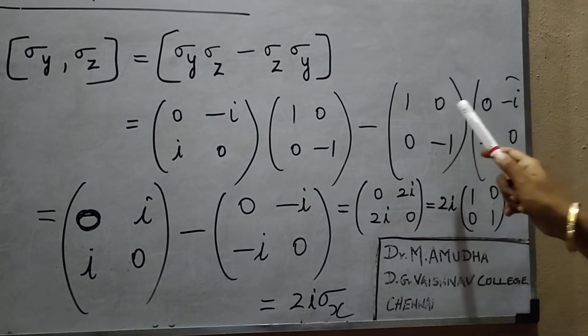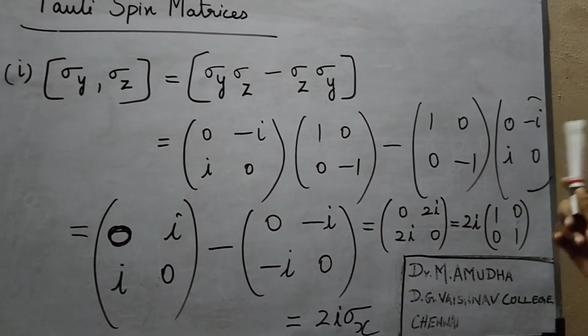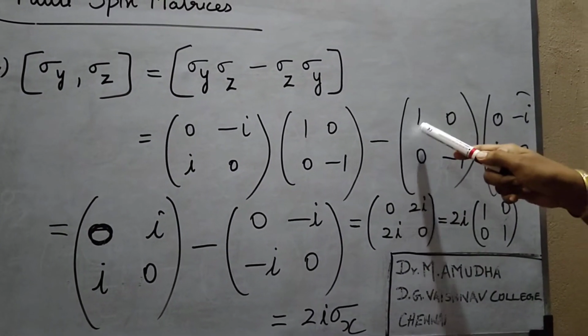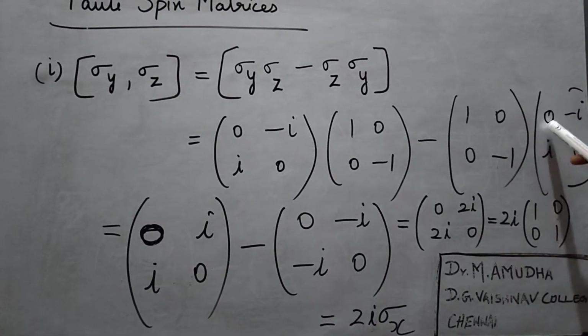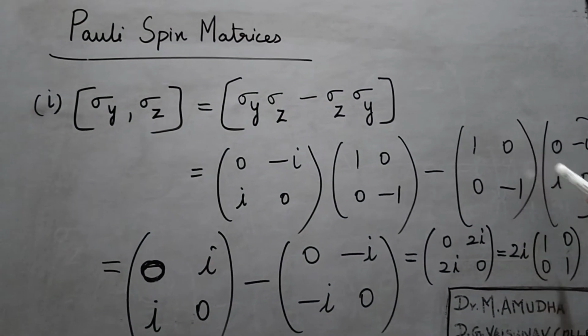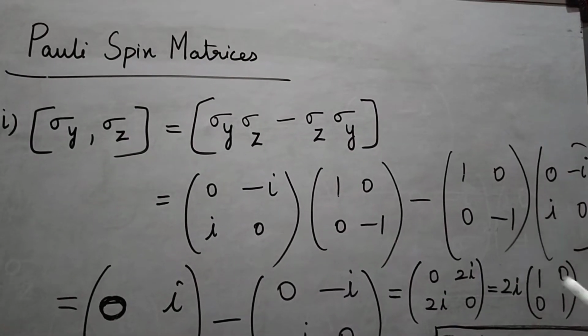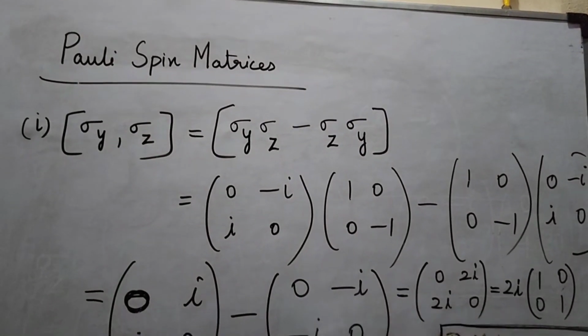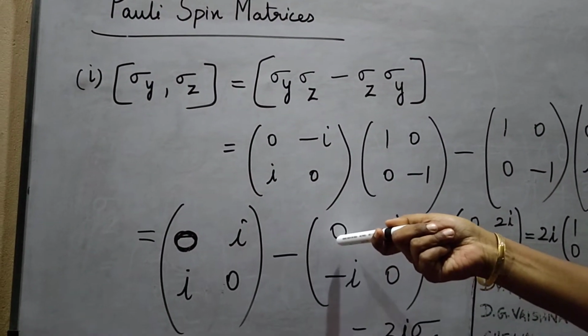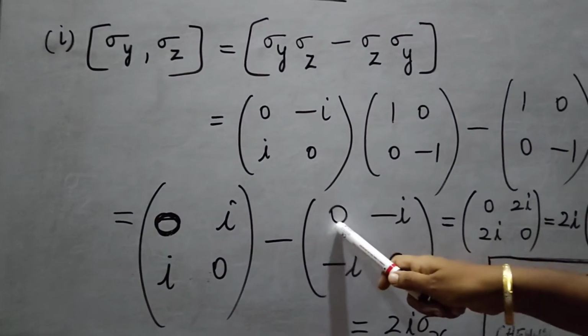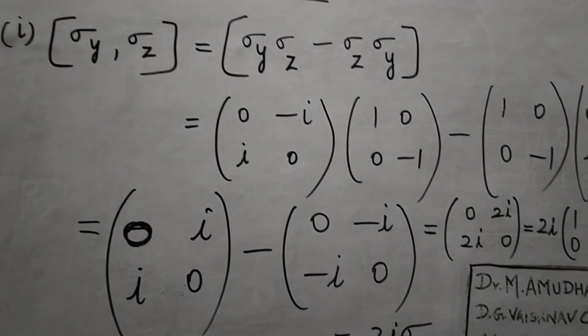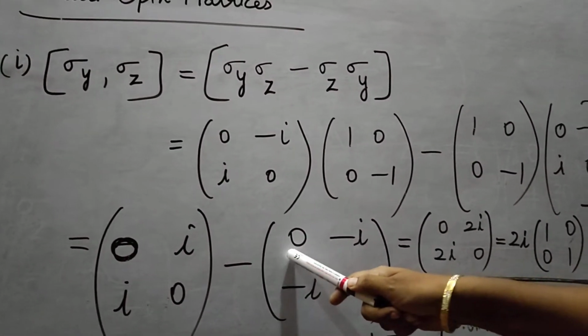Similarly, multiply these two matrices as I said before. Row into column. So 1 into 0, then plus 0 into i, that is also 0. So the solution should be written in this place.